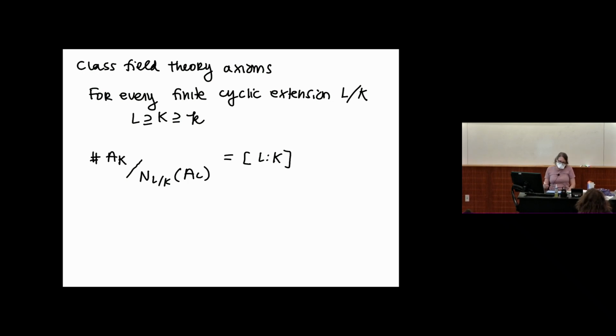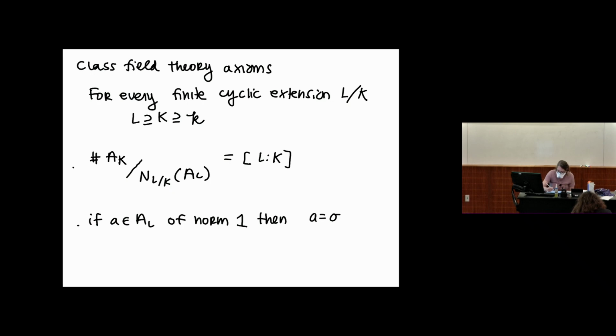So this is some kind of statement that the norm map behaves well, that there's not too much stuff going on. And you also need that if A is an AL of norm 1, then A is sigma B over B for some B in AL.